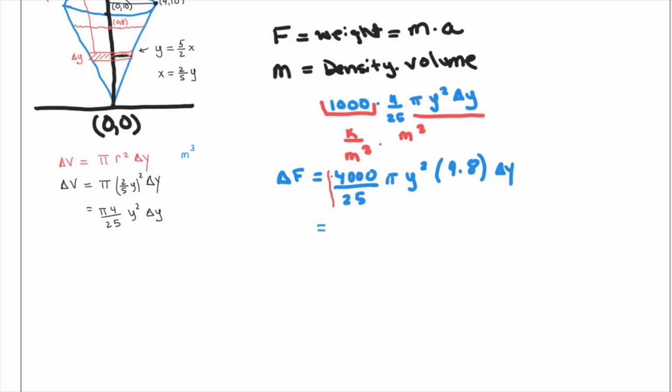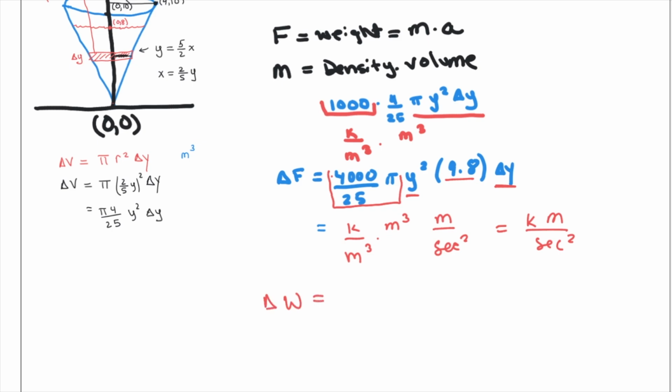So we now have this constant that's occurring, but that was kilograms per meters cubed times our y squared delta y, so that's meters cubed. Then we multiplied it by acceleration, which is meters per second squared. Put all the units together, and we are left with kilogram meters per second squared, and that, of course, is force.